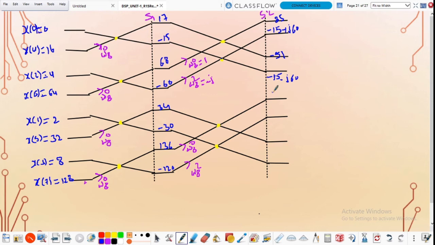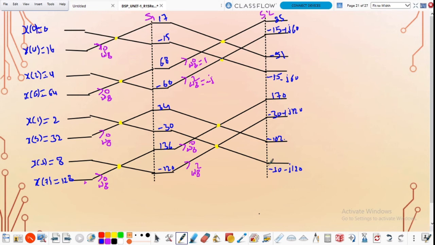So this output value is 170 and this output value is minus 102. And using this butterfly node, calculate the corresponding output values, and this output is minus 30 plus j 120, and this output value is minus 30 minus j 120.